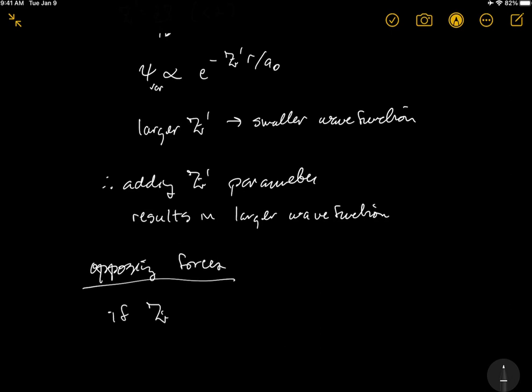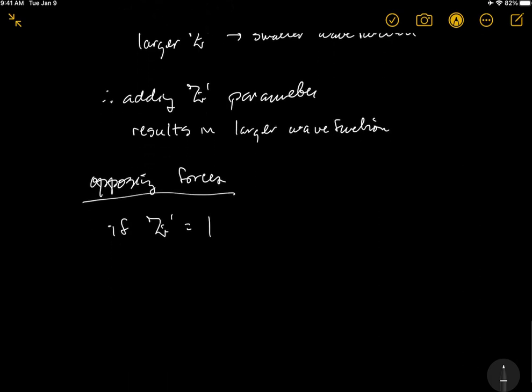If Z prime were equal to 1, right, again, this is counterfactual, the wave function is too big, according to our energy calculations. When it's that large, you get a non-optimal wave function size because if it's too big, the electrons are too far from the nucleus.